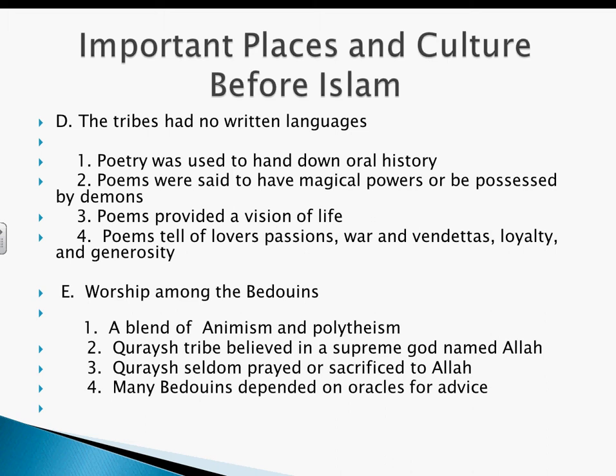In this area, there was the Quraysh tribe that believed in a supreme god named Allah. The Quraysh also prayed and sacrificed to Allah. Whether this was the main religion is speculative.